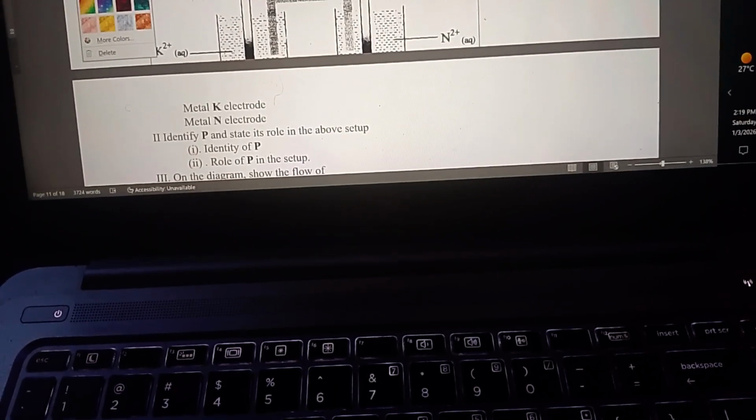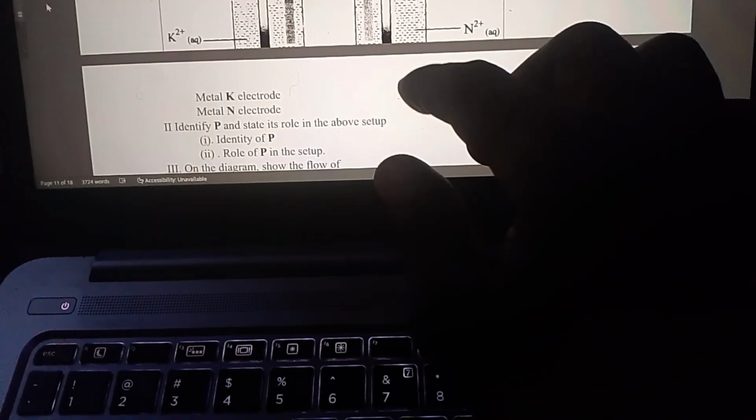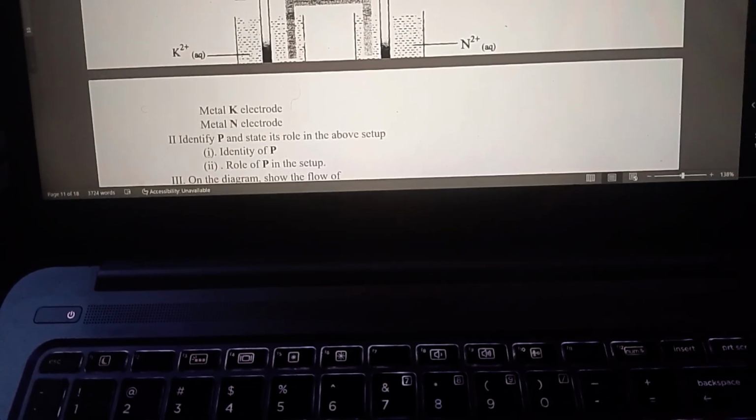So basically what we are saying is that this atom of K shall be the one that is going to be losing electrons.